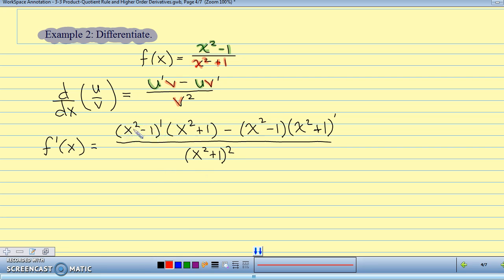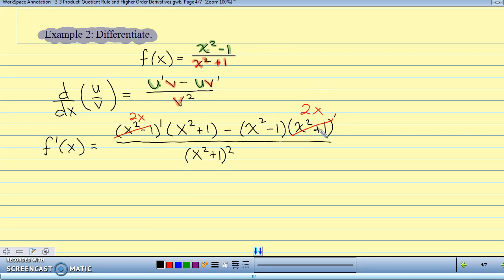Alright, so this one, x squared minus 1 prime becomes 2x. This one, x squared plus 1 prime also becomes 2x. The derivative of x squared minus 1 is 2x.